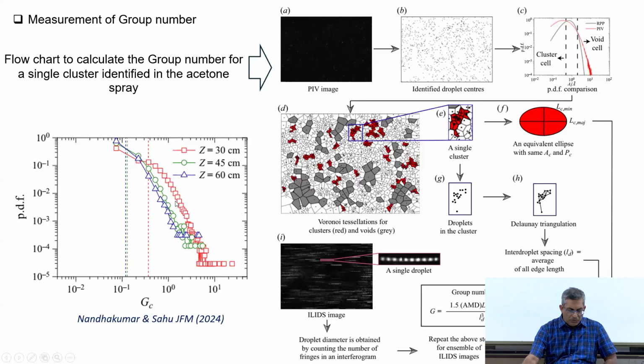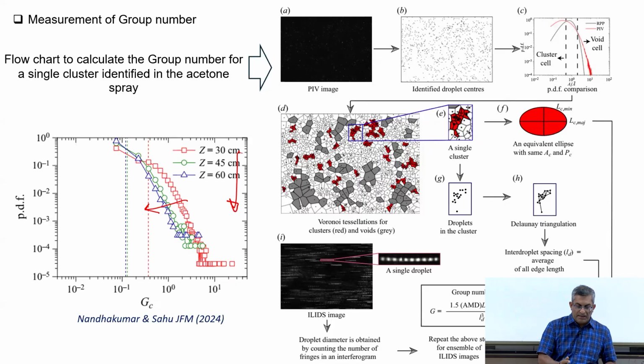If you see this curve, it shifts towards the left, that is towards smaller group number, as you move downstream of the injector, which makes sense, because as you move away the particles are farther apart, so they tend to evaporate or gasify individually, and that is why it shifts to the left.